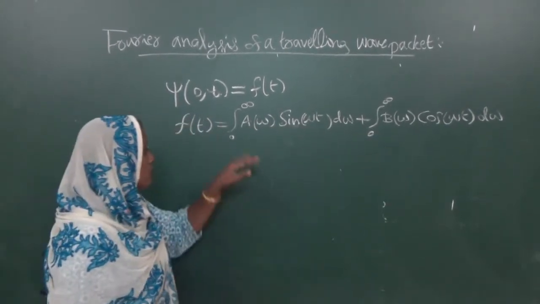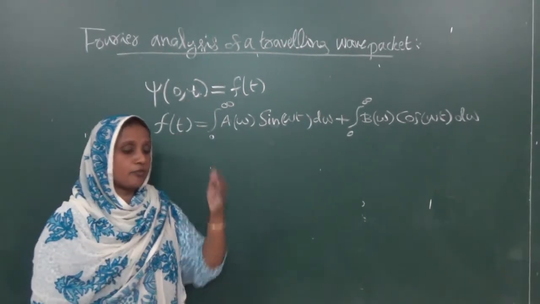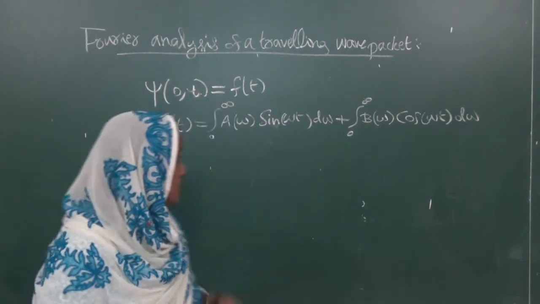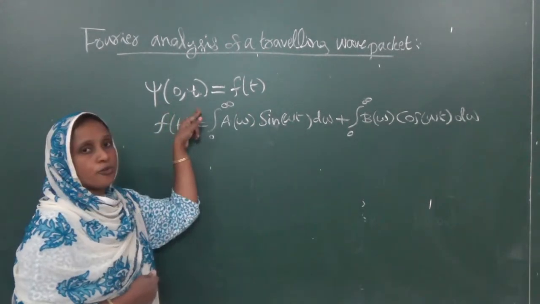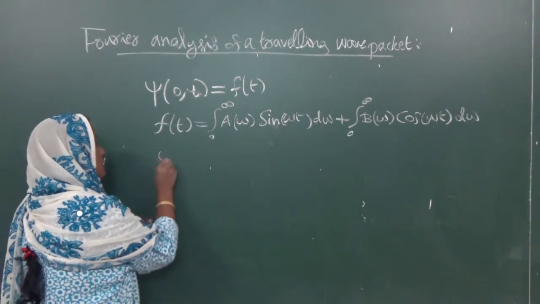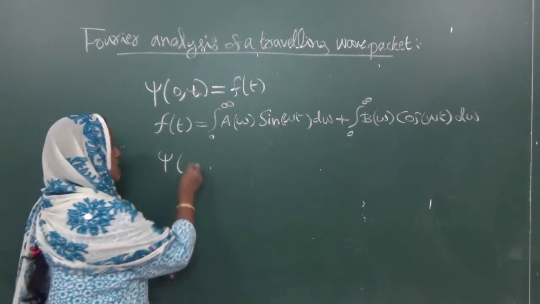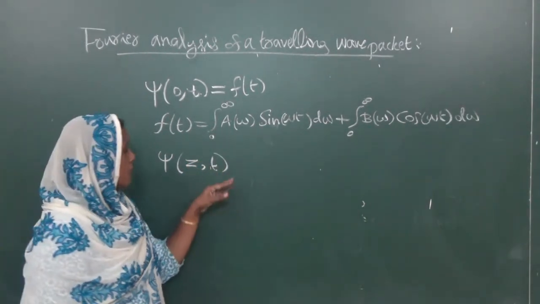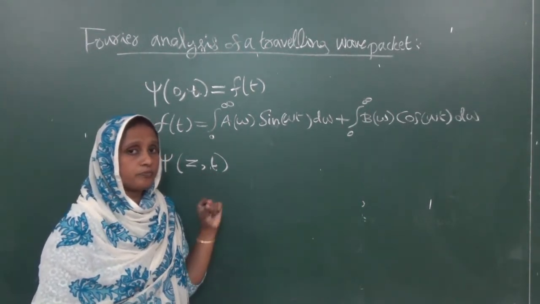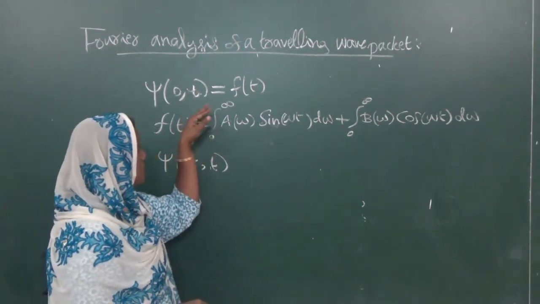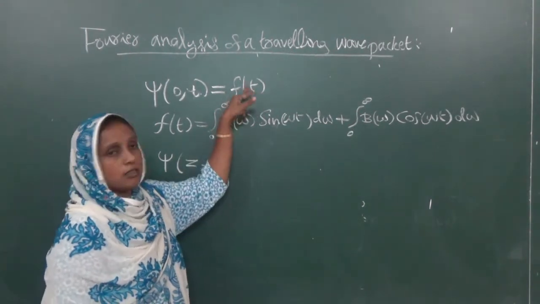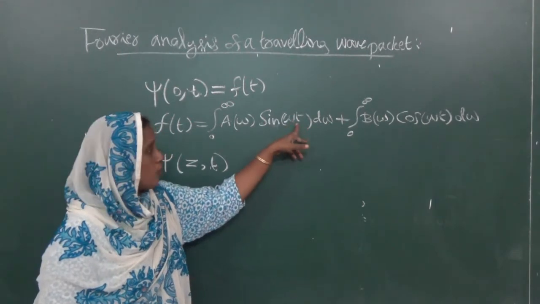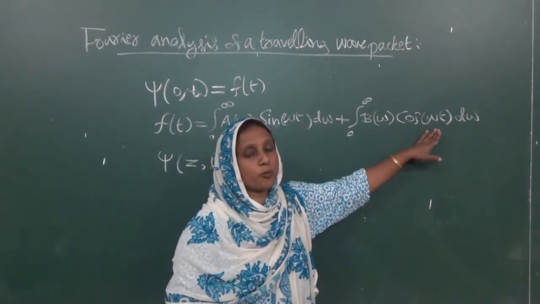Now suppose that at a later time the wave is traveling through the medium. That means the wave function at a later time t is represented by ψ(z,t). How can you get this ψ(z,t)? We have only one option. We know that at z equal to 0 the series contains sin ωt and cos ωt.